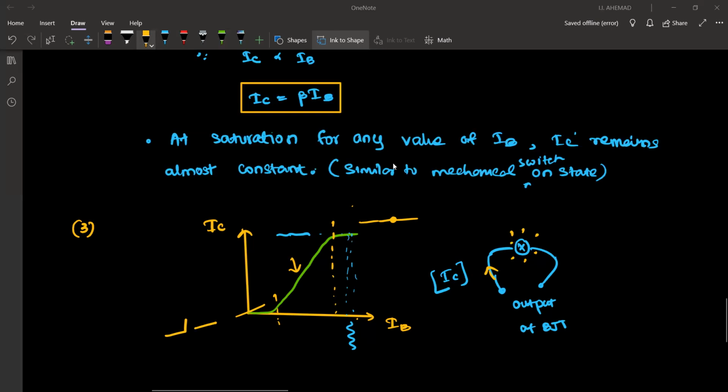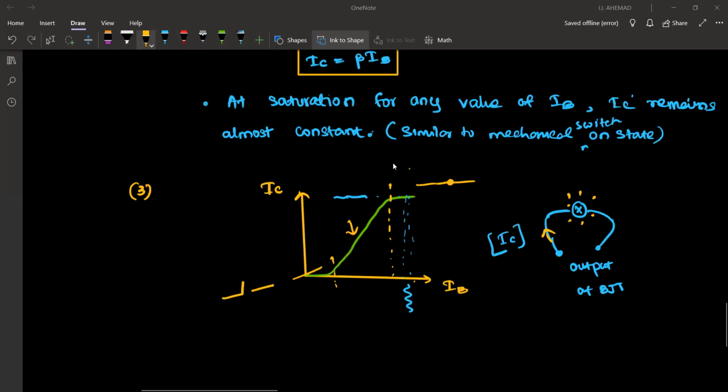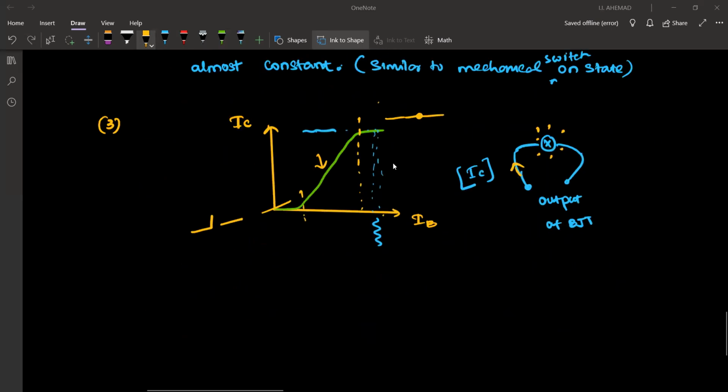Now, let's think the IB current is not sufficient to go into saturation. Now it is in the active region. And we are not having a constant IB. Instead, I am having an IB that is varying up and down, increasing, decreasing. What can you tell about IC?